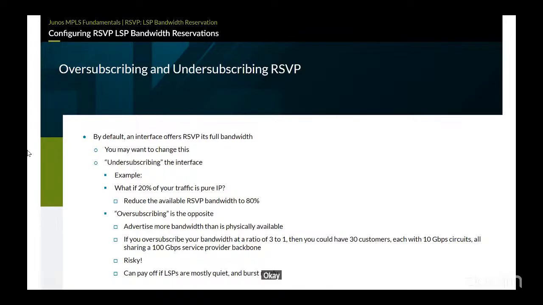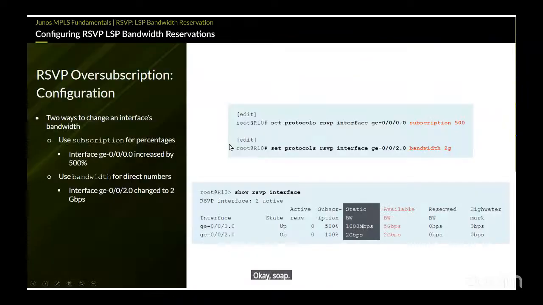Okay, you can just consider this gigabit Ethernet interface, but my subscription, after subscription, we're taking 400. The subscribed bandwidth we're taking is double. This is called oversubscription.